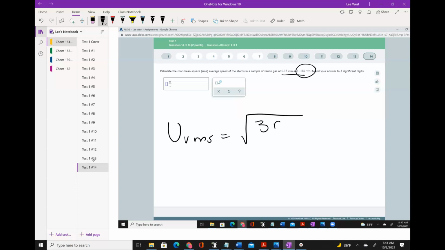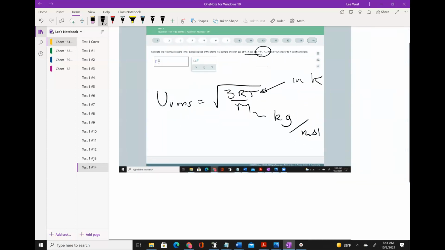It's the square root of 3RT over M, where M is the molar mass, but it needs to be expressed in kilograms per mole, and T needs to be in Kelvin. Typically these speeds are of the order of hundreds of meters per second, so keep that in mind.